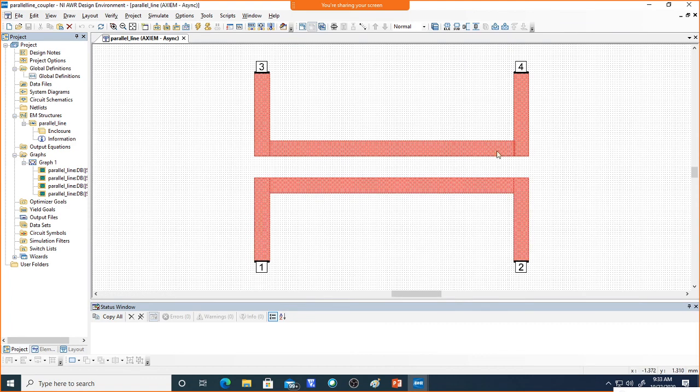This is a coupler which we have designed. I designed it for a substrate height of 0.8 mm. You can see the graphs here.